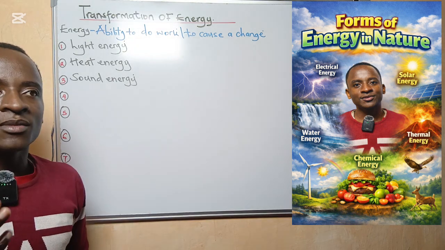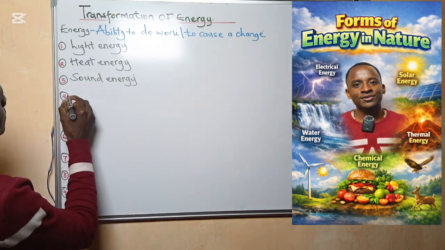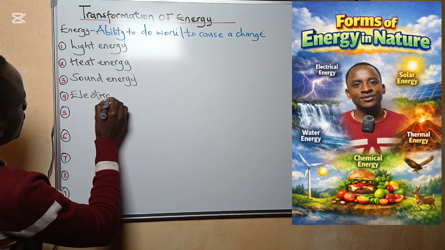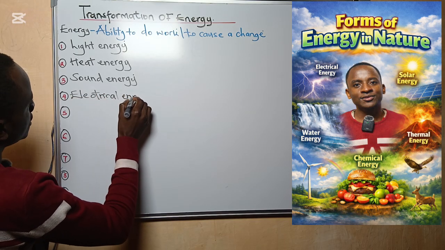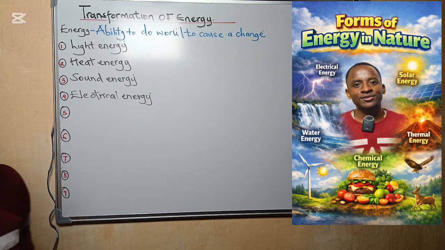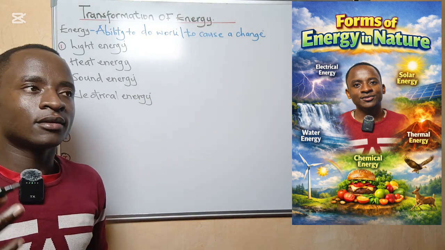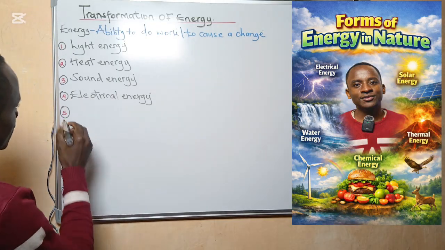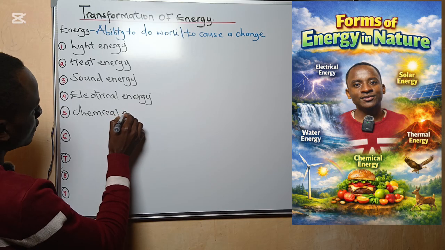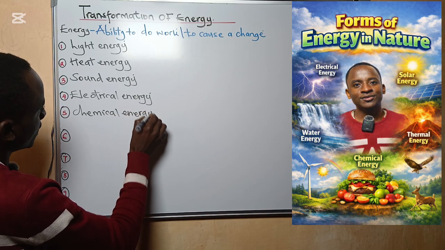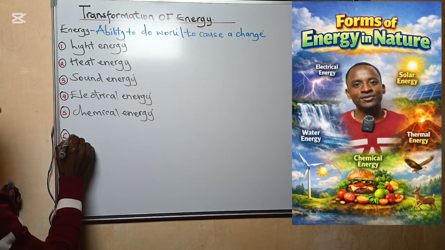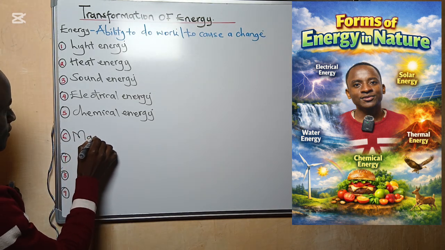I have mentioned something about electrical energy. I have mentioned something about meal or the food which we are taking. So we therefore write chemical energy. Then we also have magnetic energy.